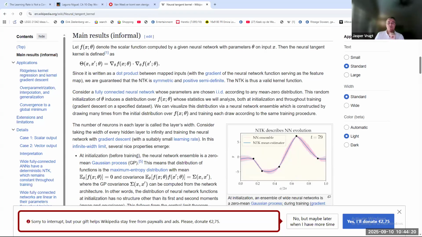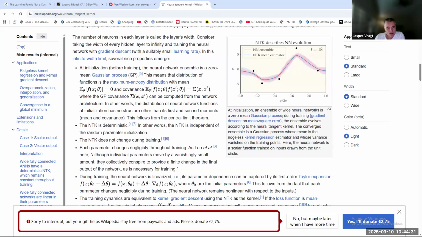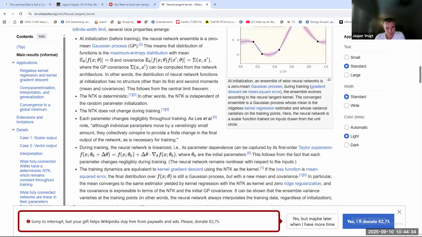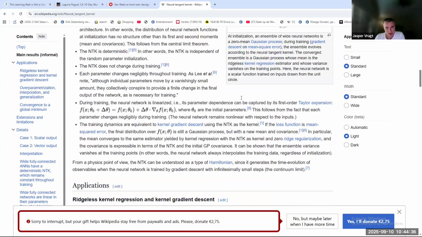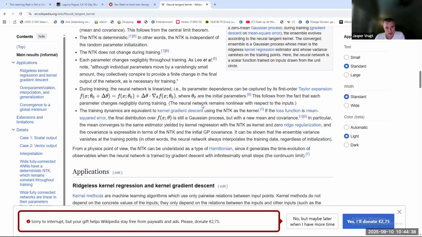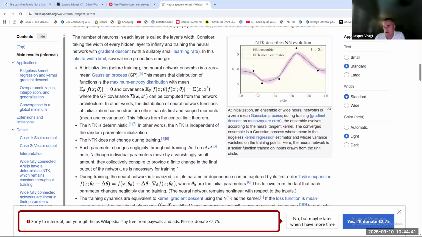So the neural tangent kernel essentially shows that if you make that input layer infinitely large, the training itself, the parameters, you would think you have so many parameters that training becomes really difficult. Actually, training becomes easier. The changes you need to make to the weights become infinitely small.